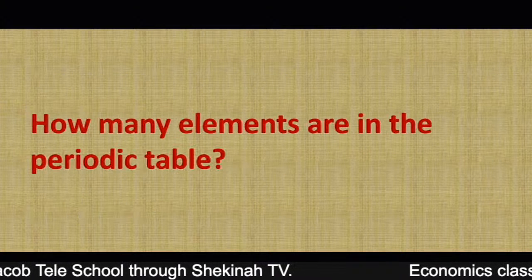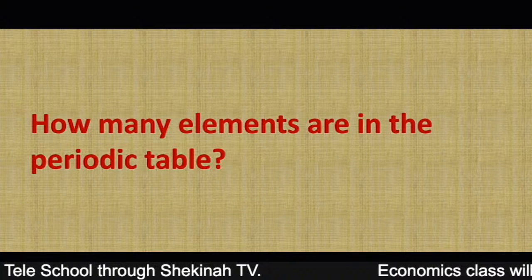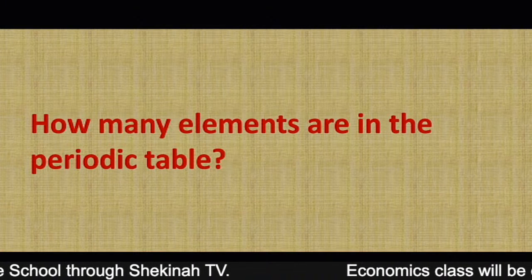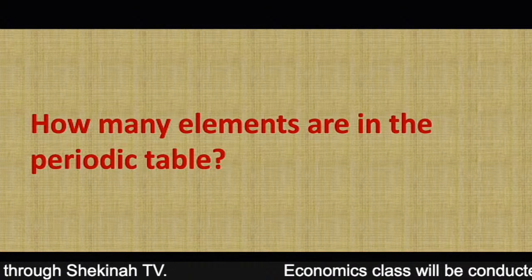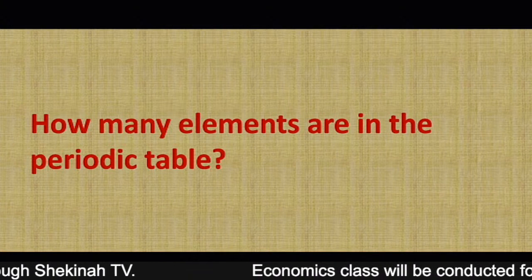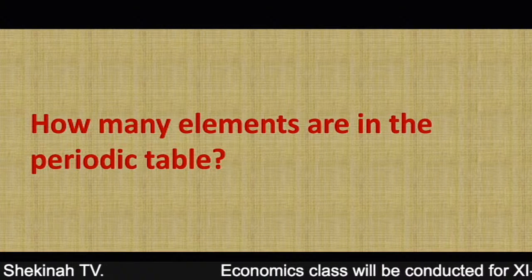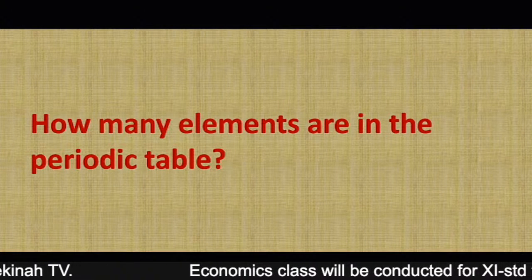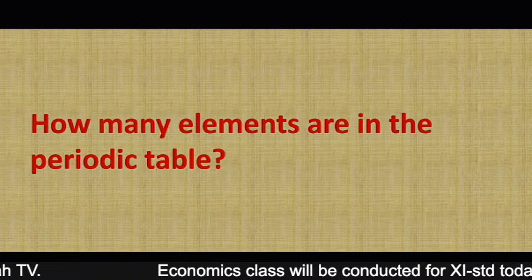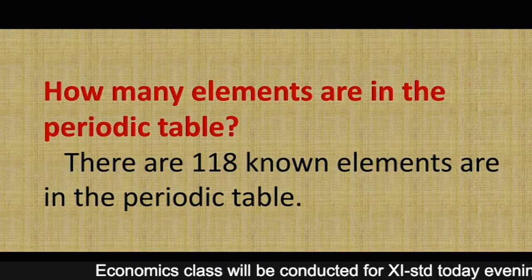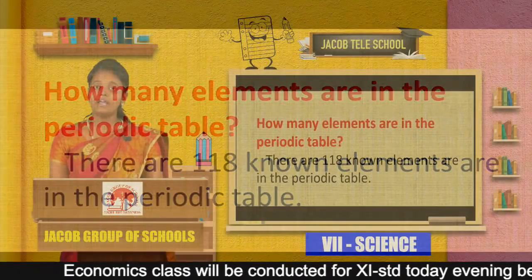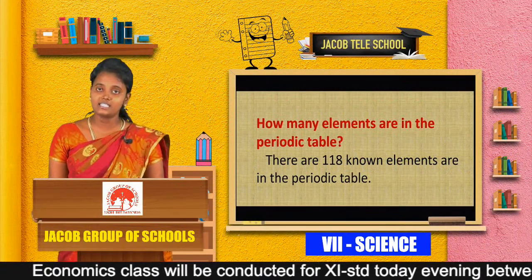Okay? Next. How many elements are in the periodic table? I just told you now, do you remember? How many elements are in the periodic table? Do you know the answer? Open your mouth and say. Yes, very good. The answer is there are 118 known elements in the periodic table.